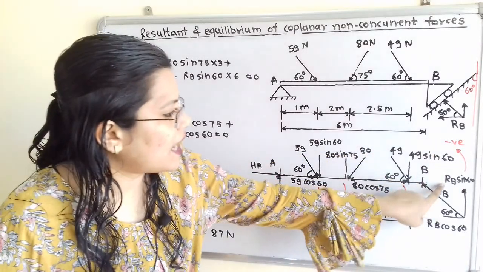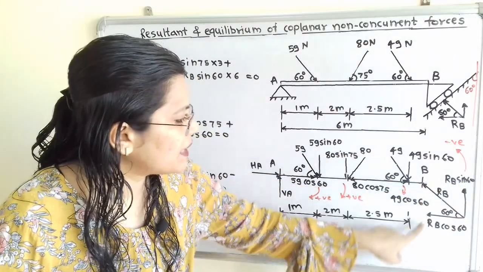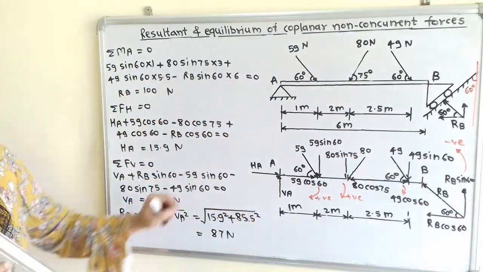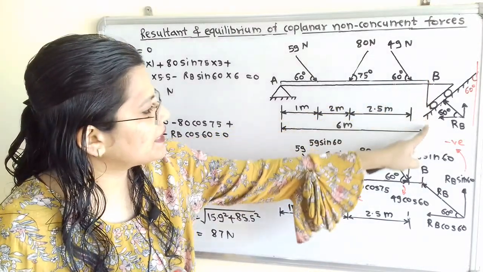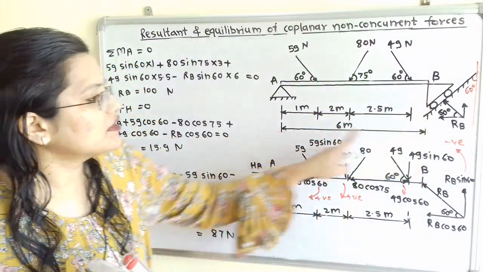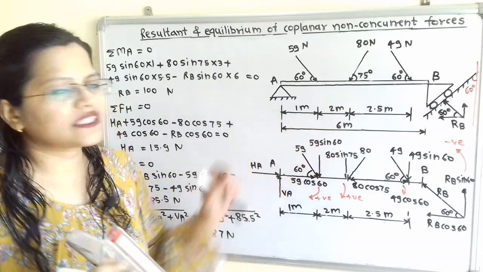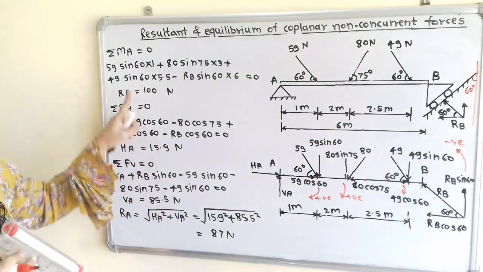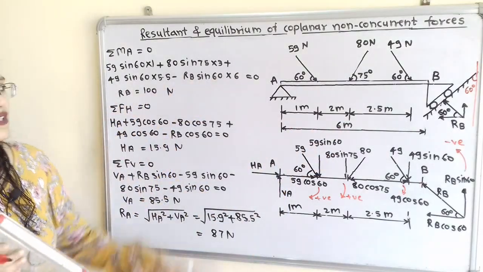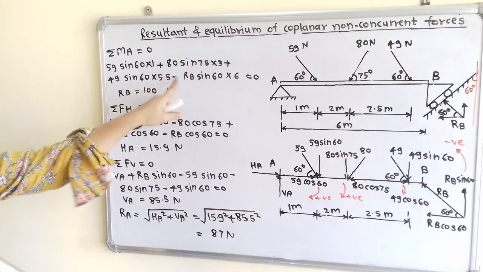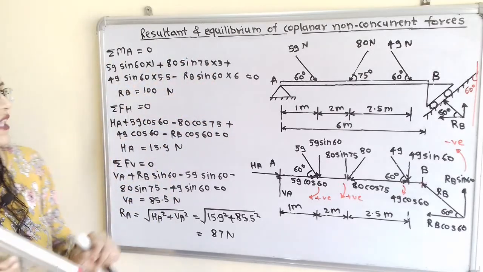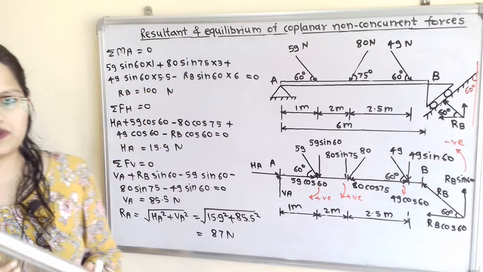So minus RB sin 60 multiplied by the perpendicular distance. From end B, the distance A to B is given as 6 meter. So we multiply with 6, equal to 0. Now when we solve, there is only one unknown term, RB, and RB is equal to 100 Newton.